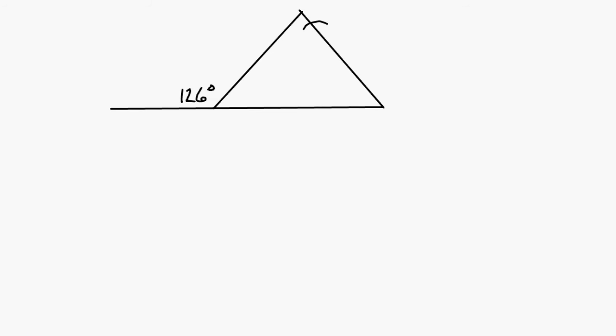Up here is 6x minus 1. This angle is 5x plus 17. And you're asked to find the measure of angle J. This is angle J right here. The measure of angle J is equal to.